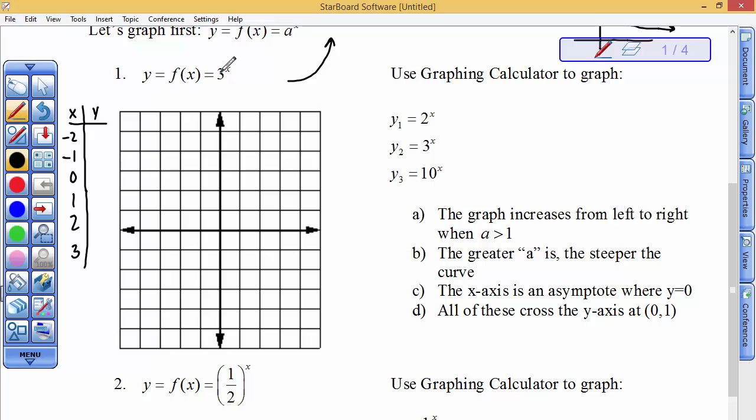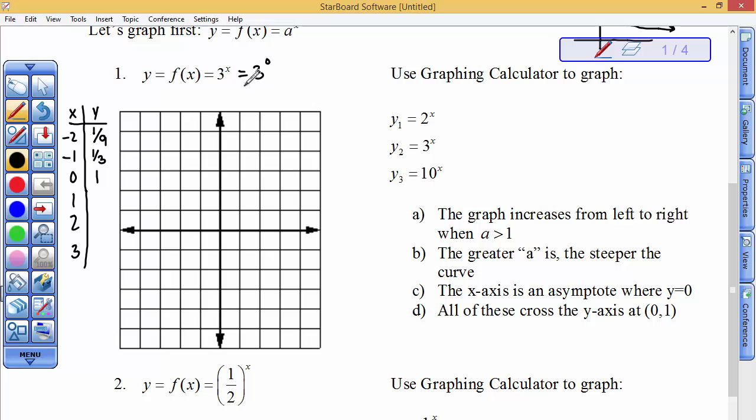So 3 to the negative 2 means 1 over 3 squared, which is 1/9. 3 to the negative 1 means 1 over 3 to the first power, which is 1/3. How about 3 to the 0 power? Oh yeah, 3 to the 0 power is 1.